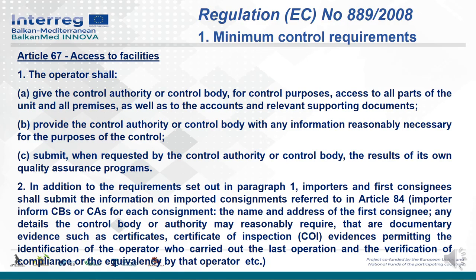Importers inform certification bodies or control authorities, for each consignment, of the name and address of the first consignee, and any details the control body or authority may reasonably require, such as documentary evidence, certificates of inspection, and evidence permitting the identification of the operator who carried out the last operation and the verification of compliance or equivalency by the operator.